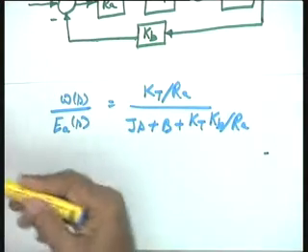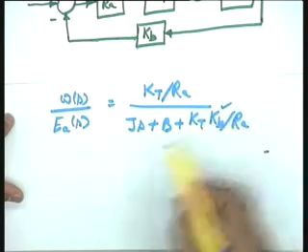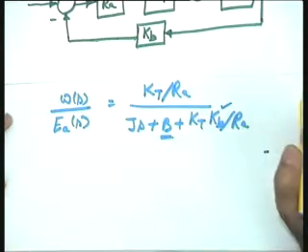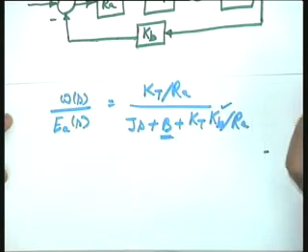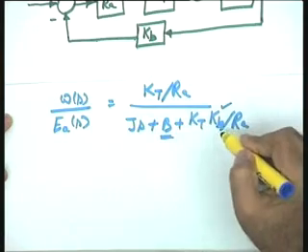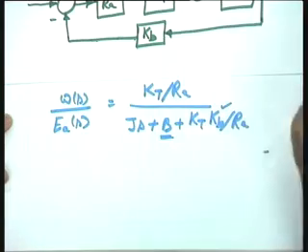The point to be noted here, that is why I am repeating this point, you see that Kb is adding to the B term. B is the mechanical friction in the system due to bearings, due to gears, or due to any other mechanism, and Kb is adding to this term, which means it is giving damping to the system.